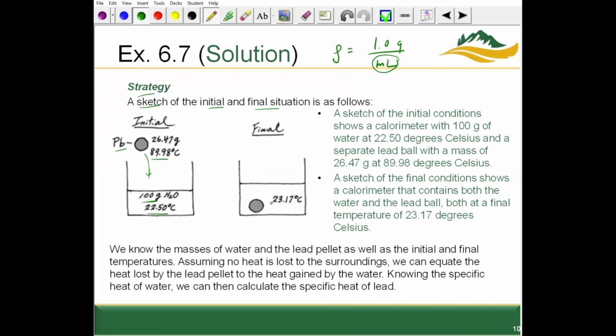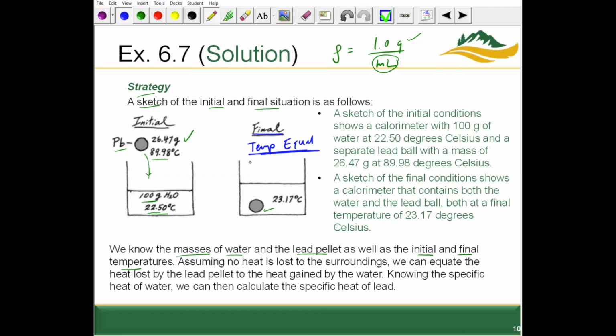Then we're going to have a heat exchange until the temperatures equilibrate. So a hot piece of metal into water, it's going to heat up the water and also cool down the metal. We know the volume of water, we can figure out the mass of water. We also know the mass of the lead pellet. We also know the initial temperature of the lead and the initial and final temperature of the water. Another big important connection we need to make is that in the final scenario, the temperatures are equal.